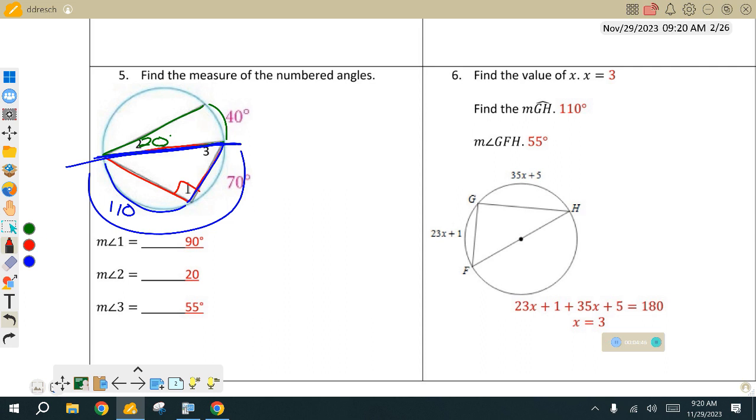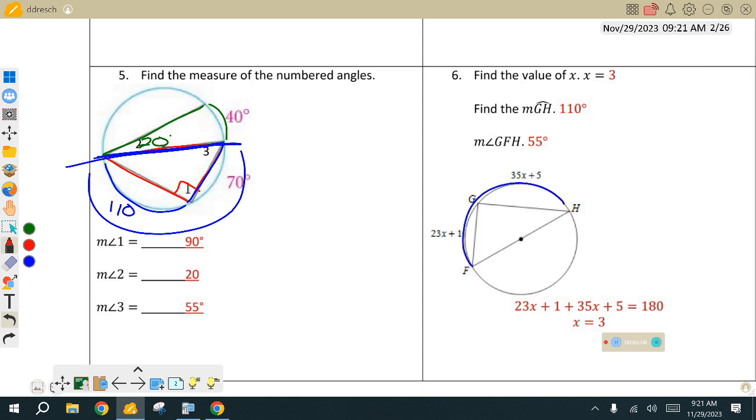Anything else anybody's got? Yeah, next door there. First thing I notice on that next one is there's another diameter. That diameter creates these two arcs. Because that diameter creates a semicircle with these two arcs, there's that 180 right there.